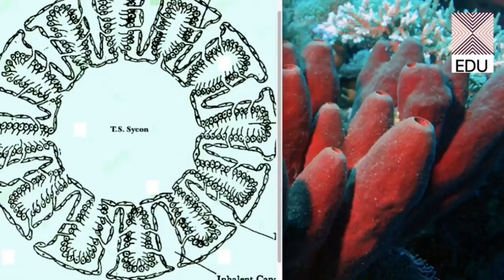Now this is another diagram which is showing the TS of Scypha. Now here you can well see this is the ostium and this is the incurrent canal. These are the prosopyles, and from prosopyles the water goes to the radial canals. Now from radial canals it goes to apopyles, then to the small excurrent canal, and then it comes to the center.